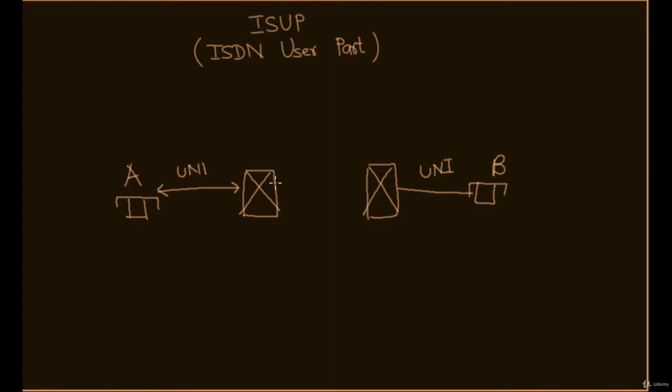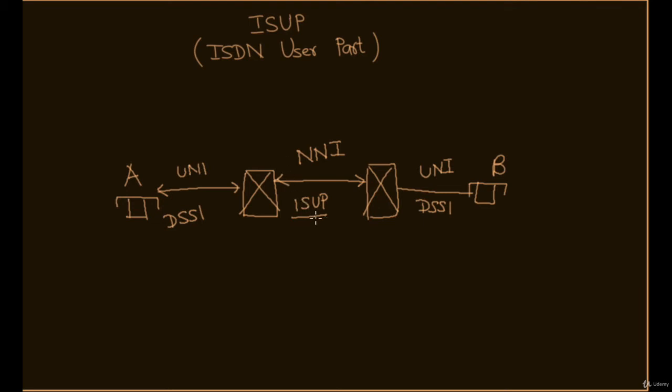And the protocol which is used between these exchanges is called NNI, or network to network interface. This we learned in the first chapter itself. Now the UNI which is typically used with ISDN is called DSS1, and the NNI which is typically used is called ISUP. So ISUP is basically the network to network interface for providing the ISDN services.